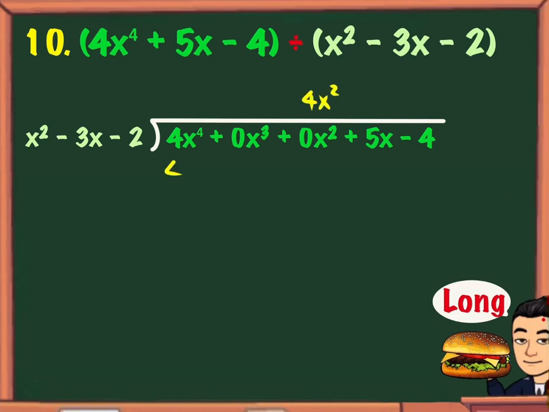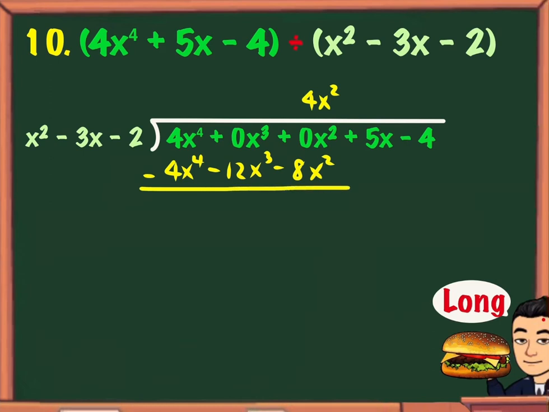So we're going to get 4x to the 4th power minus 12x to the 3rd power minus 8x squared. So we're going to be subtracting it. The difference is going to be 12x cubed plus 8x squared. And let's bring down the positive 5x.